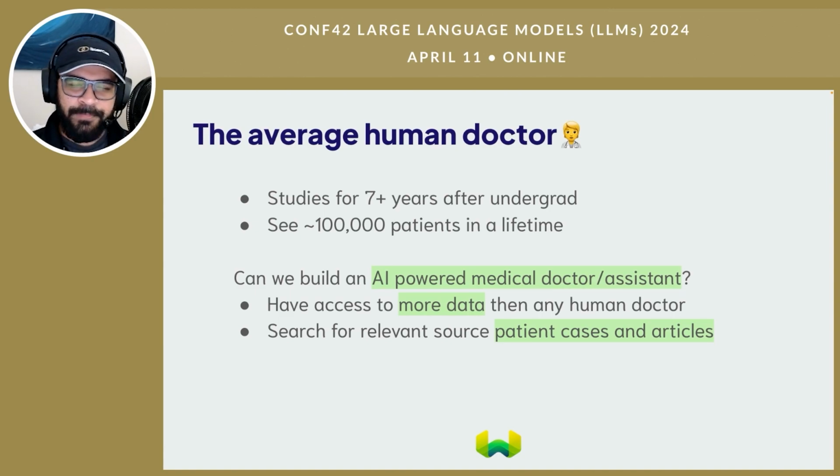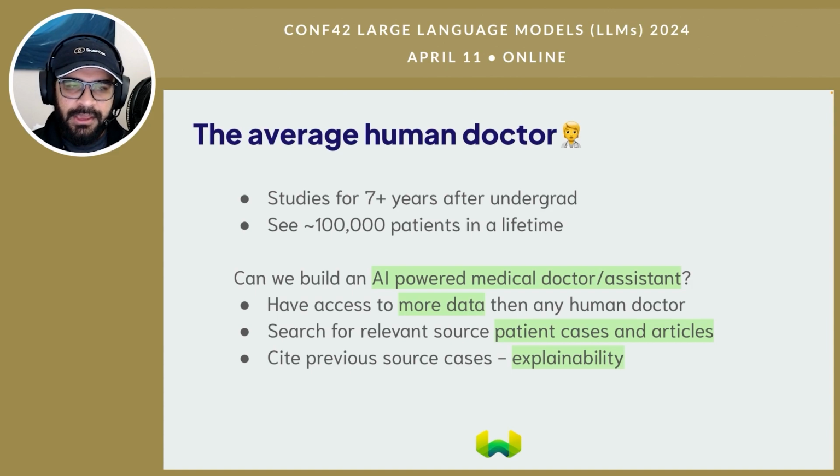And not only that, but maybe even if you give it access to medical literature, publications, articles, it has to be able to search over those and use those as well. Because this is a medical domain application, it has to be able to cite its sources. So it's not enough for it to just propose a diagnosis, it has to explain why it proposed that diagnosis.